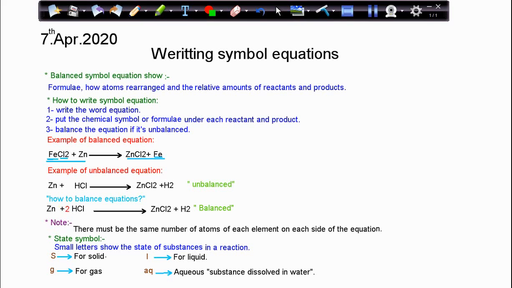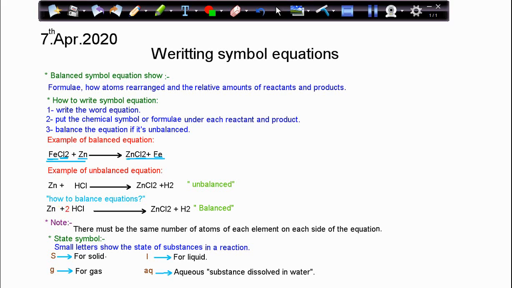So the iron here is balanced on both sides. Okay, let's take a look at the chloride. This one, Cl2. Okay, go to the product side and we will find Cl2. Okay, what about the Zn? I have one Zn here and one Zn there. Okay, so this is a balanced equation.